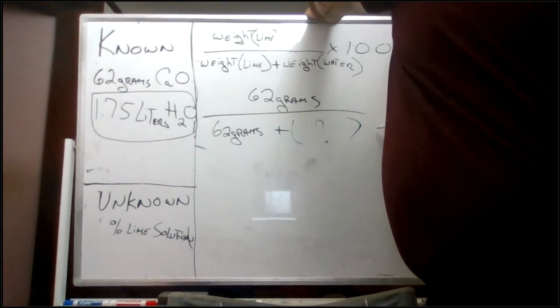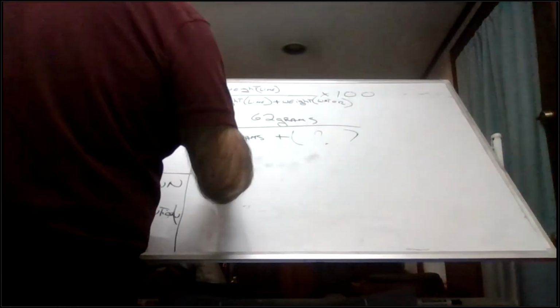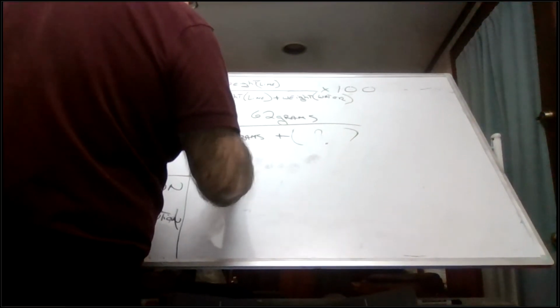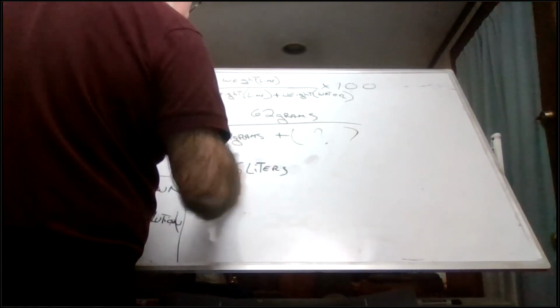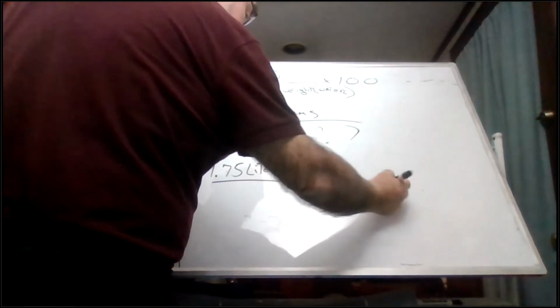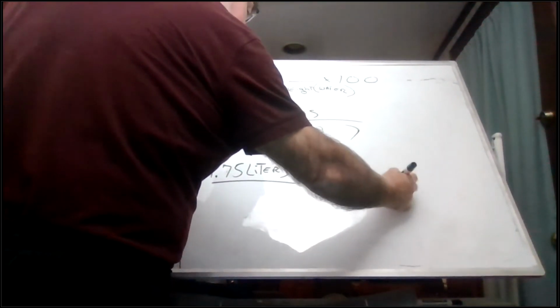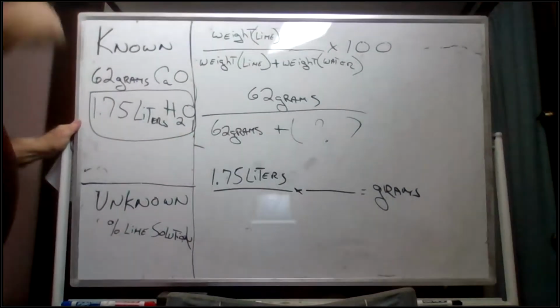We have 1.75 liters of water, and this is how we do conversions too. I'm going to do it down here. That's what we want. That's what we have. Now, we want to convert that liters of water to grams so we can plug it in there.